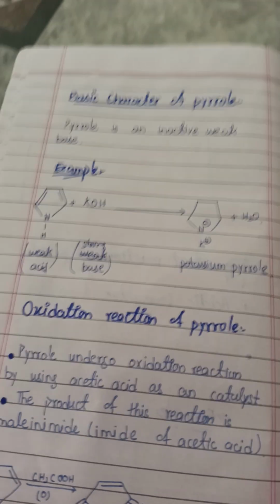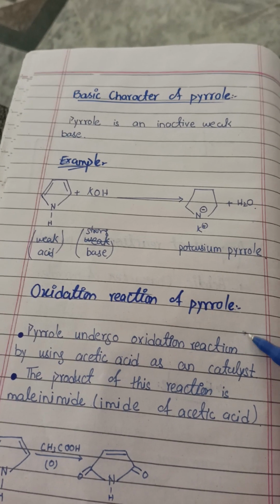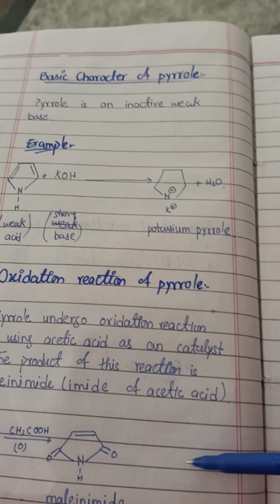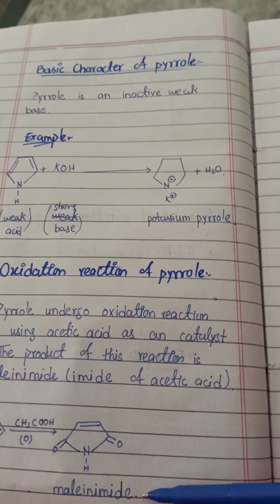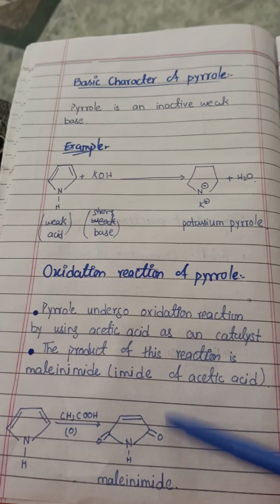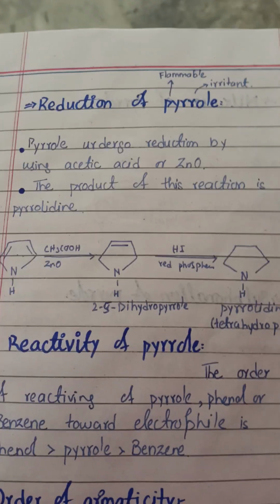Now we move on to the oxidation, reduction, halogenation and other reactions of pyrrole. First of all, it undergoes oxidation in the presence of acetic acid and nascent hydrogen to form maleimide. It is the imide of maleic acid, as you see in the structure here, with double bonded oxygen attached there. Now we move on to the reduction of pyrrole.